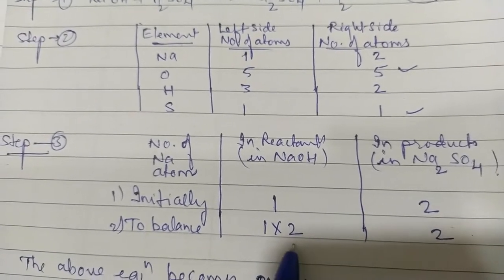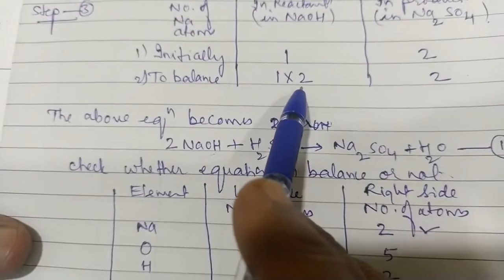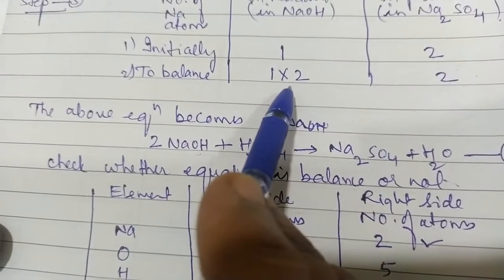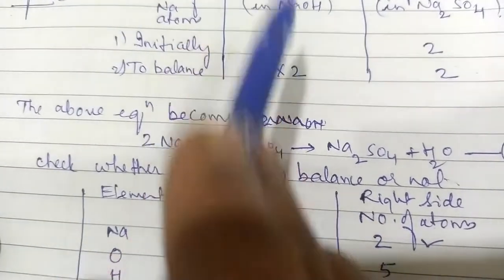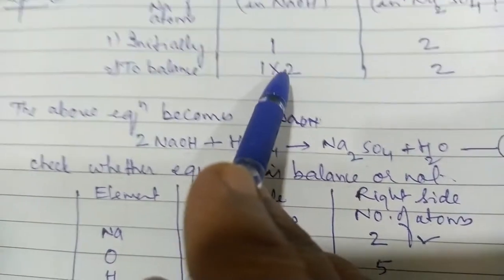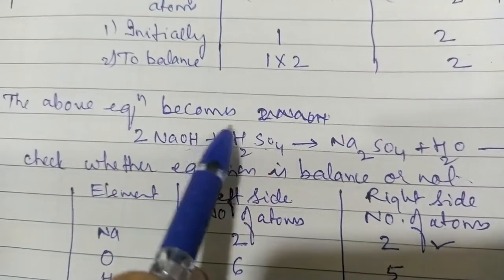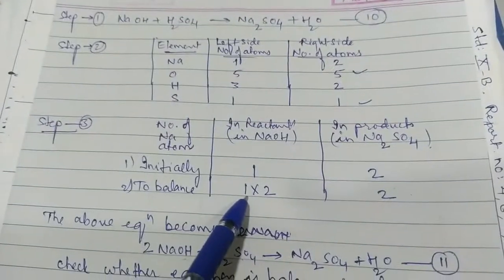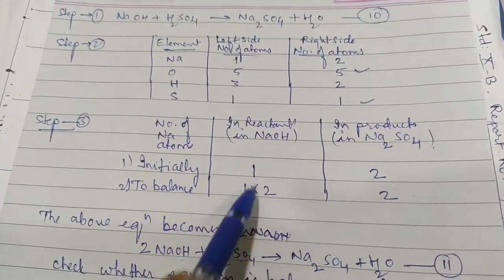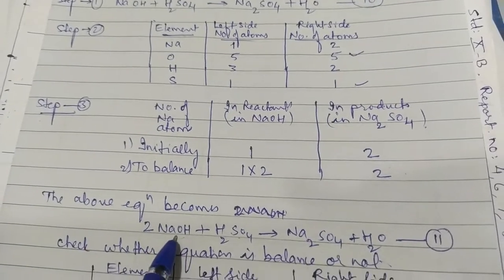So they are balanced. Now what we are going to do is put this 2 in equation number 10. The above equation becomes 2 NaOH. Okay. So we put 2 in front of NaOH, and it becomes 2 NaOH. Okay.